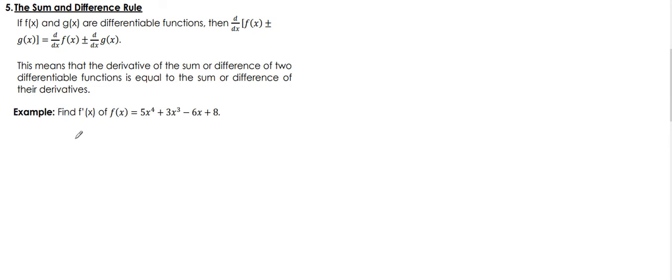Let's find f prime of x, given f of x equals 5x raised to 4 plus 3x cubed minus 6x plus 8. Okay, so we will get our derivative. Ang sabi doon, kailangan na natin kunin ang mga derivatives ng bawat term. Okay? So, since this is a constant multiple rule, copy lang natin yung ating 5.